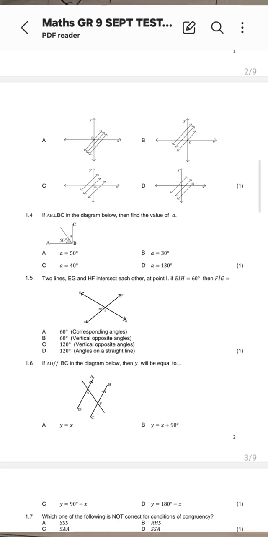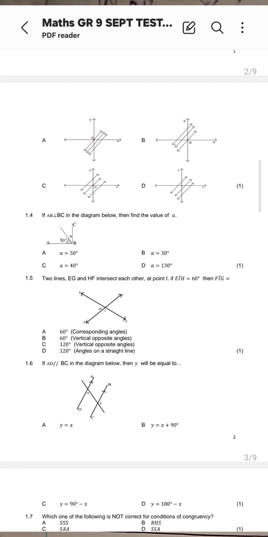1.4 guys, if AB is perpendicular to BC in the diagram below, then find the value of A. Remember, AB is perpendicular to BC.